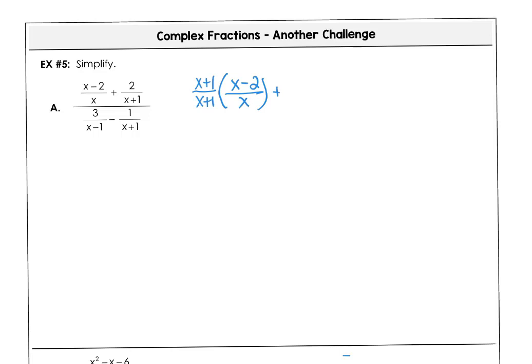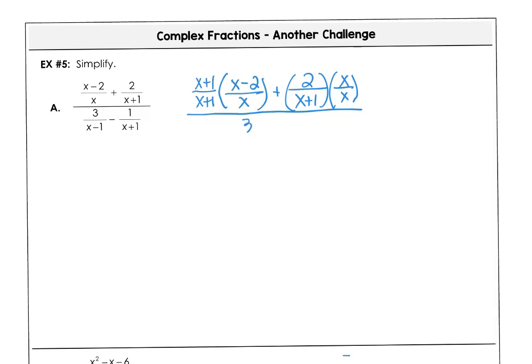And then this side needs an x over an x, so 2 over x plus 1 needs an x over an x. This is method 1. And in the bottom, we need 3, and this fraction needs an x plus 1.